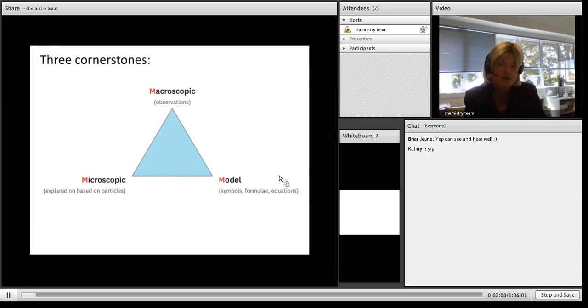Then the microscopic is look at your particles. What is happening at particle level? What are those atoms or species or particles or molecules or ions? What are they doing? And then under the model, you need to give formulae and equations. So when you answer an exam question or do an assessment task, if you look at all 3 of those aspects, you're on the right track.